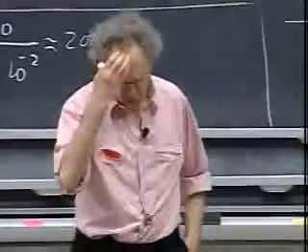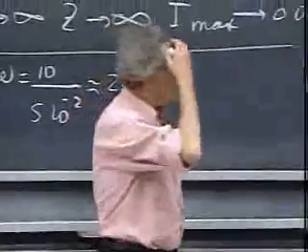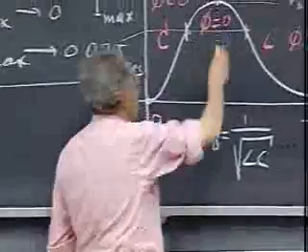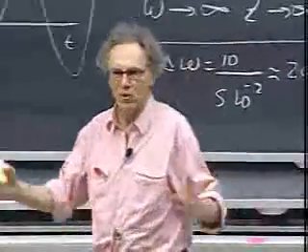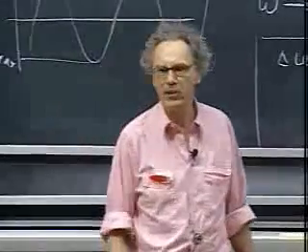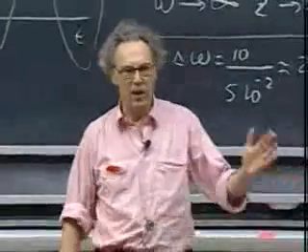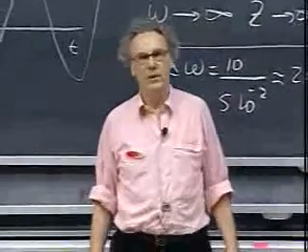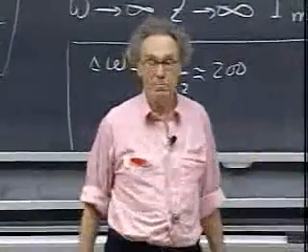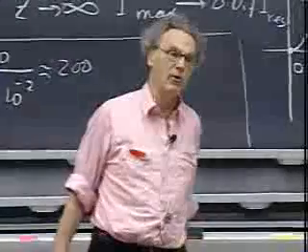Resonance can be destructive. Imagine if you have a very high Q system, if you're slightly off resonance, there's almost no current, no power dissipated in your resistor, and now you come all of a sudden on resonance, you get an enormous current, and that means there's an enormous power dissipation in your resistor, and you can burn out your resistor.